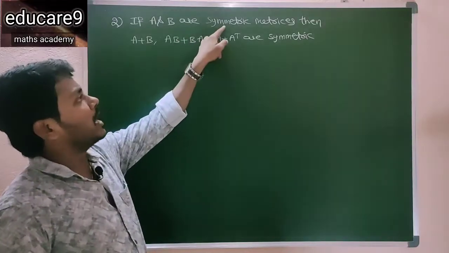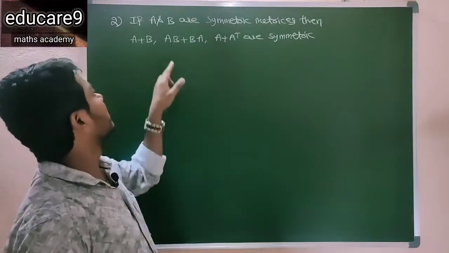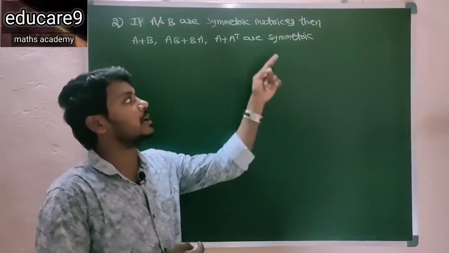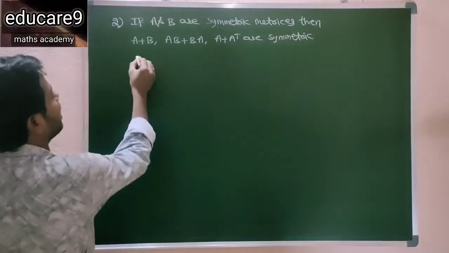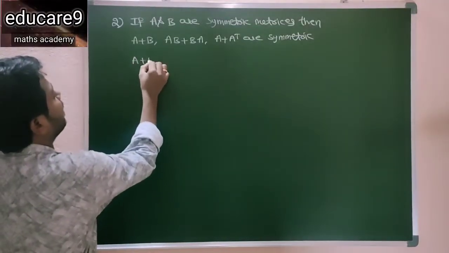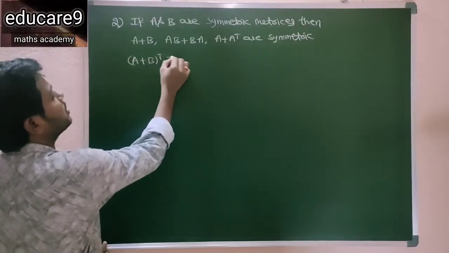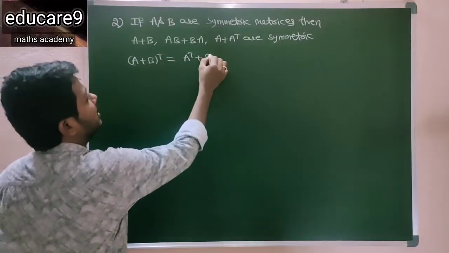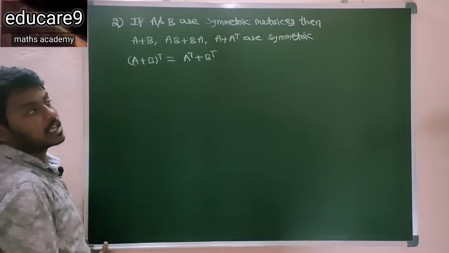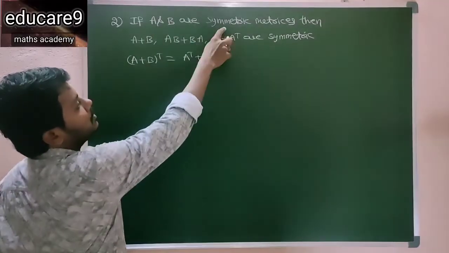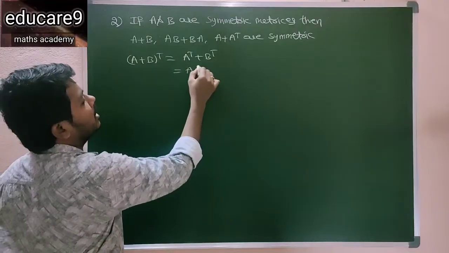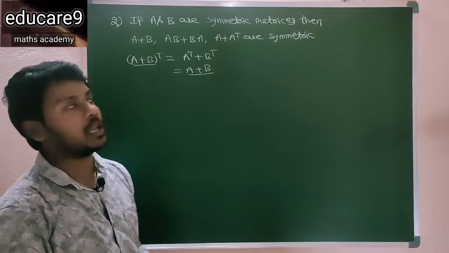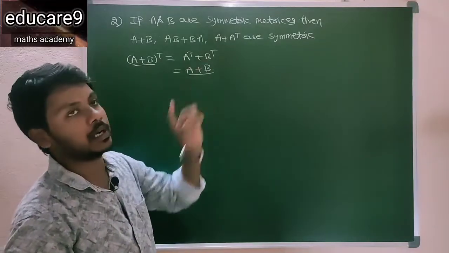If A and B are symmetric matrices, then A plus B, AB plus BA, and A plus A transpose are symmetric. So see here, first find A plus B whole transpose. So what you get? A transpose plus B transpose. But what is A transpose? A, because A is symmetric, and similarly B transpose is equal to B. Therefore A plus B whole transpose is A plus B. So A plus B is symmetric.